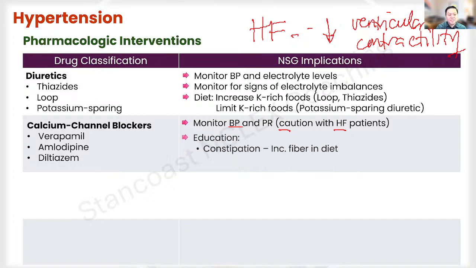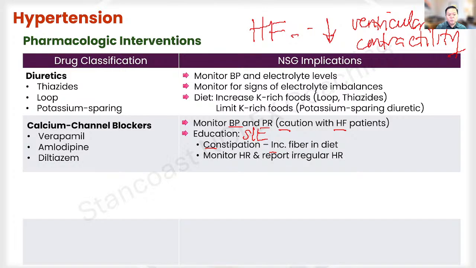Now, another thing is that we're going to have to make sure to include in the education, guys, the side effects. What are these side effects? Including constipation. That is a very common side effect of the calcium channel blockers. We will be recommending an increased intake of fiber in the diet, and we're also going to help them to monitor their pulse rate at home just by using their radial pulse, or maybe if they have a monitor at home, if there's some irregularity of their heart rate.